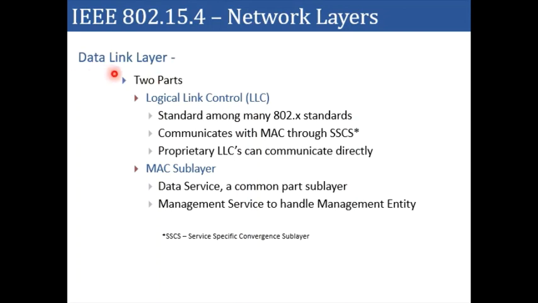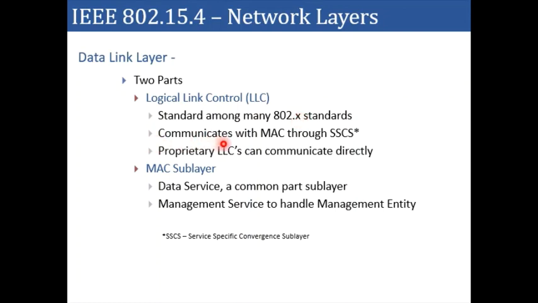Now first let's talk about the data link layer. So here the data link layer has two parts. First is logical link control, that is commonly known as LLC. This is the standard among many 802.x standards, so 802 varies from 802.2 and 11 and so on.